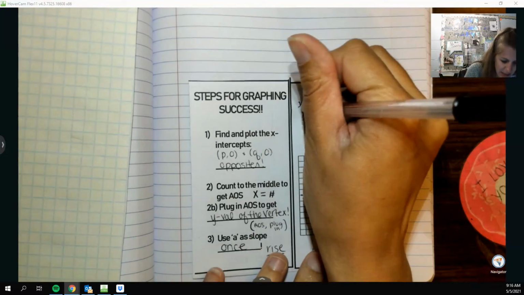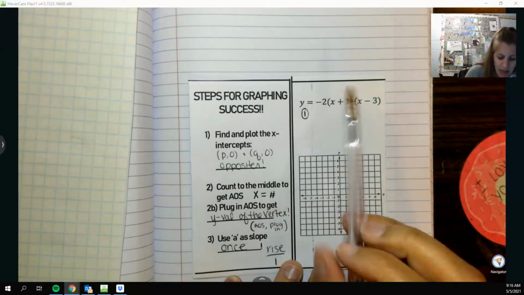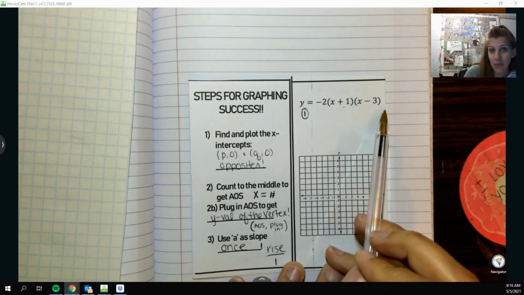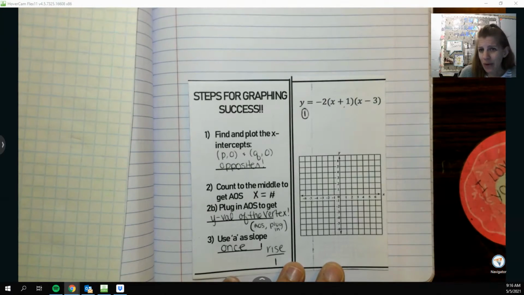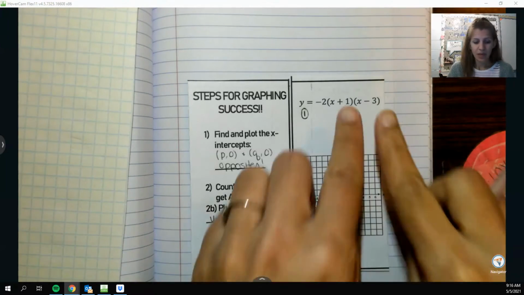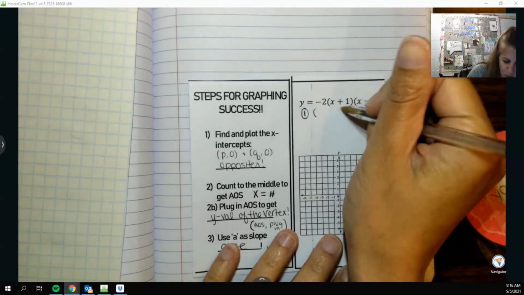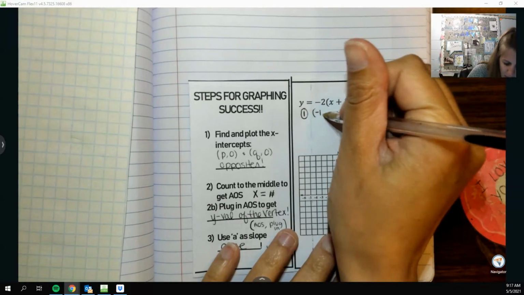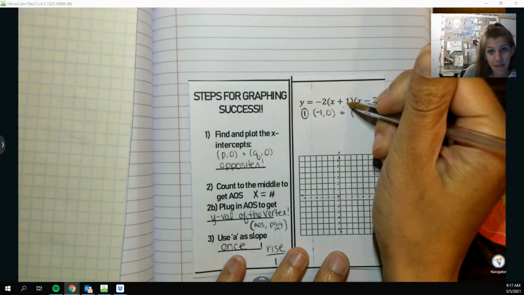All right, so step 1 here, we want to find and plot our x-intercepts. Those x-intercepts are inside parentheses, and they're separate points. So like before when we were doing vertex, we took these and made them 1 point. These are each individual points. So the first one will be at -1, 0, because always opposite.